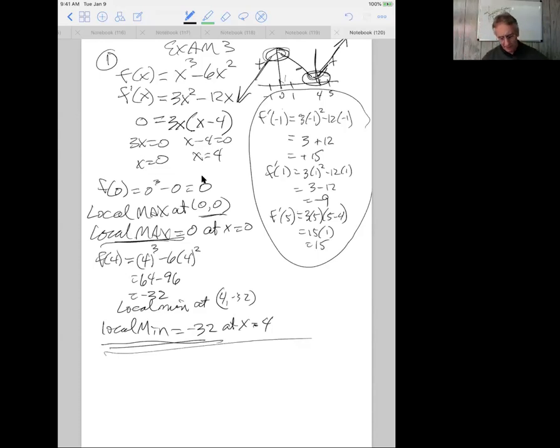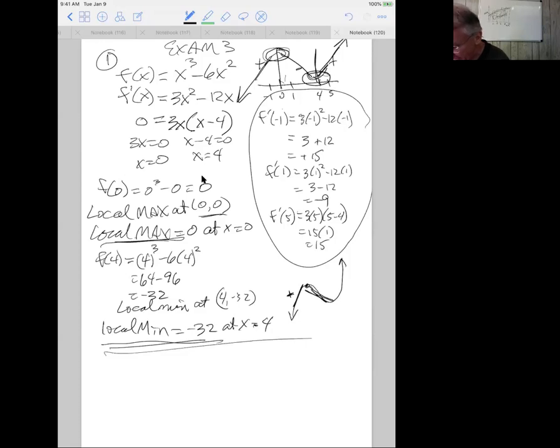Okay, look at 1B. So I've got this kind of drawn out, and what you can do is get it on your calculator, take a look at it and recognize this is the situation. I've used the first derivative test to determine what the slope is on this side. So I verified that it's positive, it's increasing here.